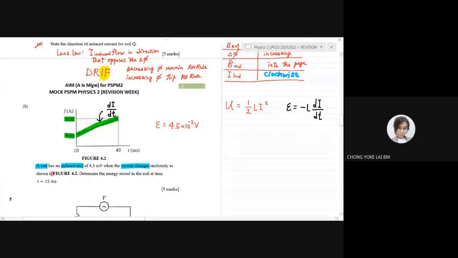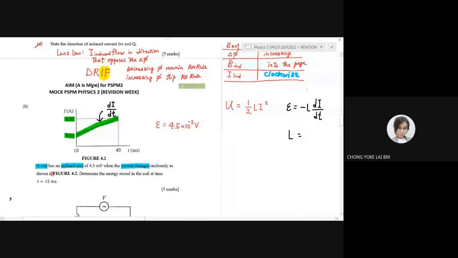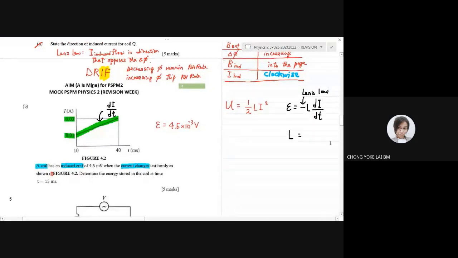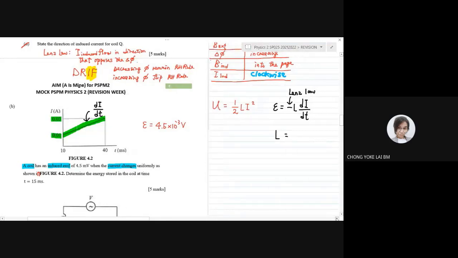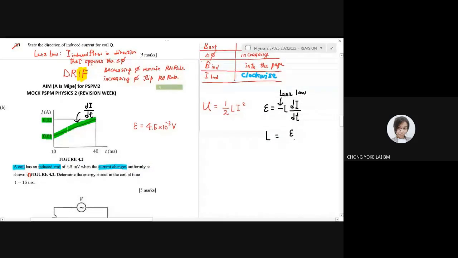So, kita boleh cari L dari situ sebab kita tahu EMF induced. So, this negative is the Lenz's law. So, bila kita nak cari the proportionality constant self-inductance ni, kita boleh ambil magnitude EMF je lah. So, kita ambil EMF over di over dt.